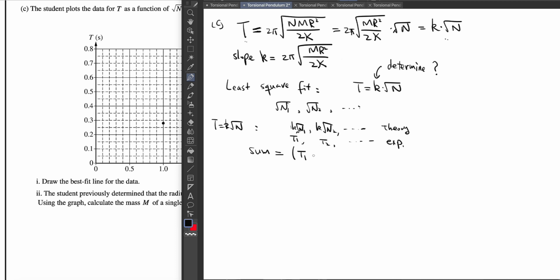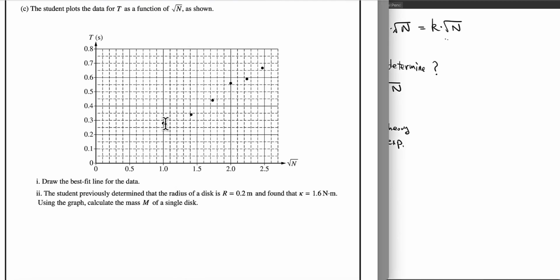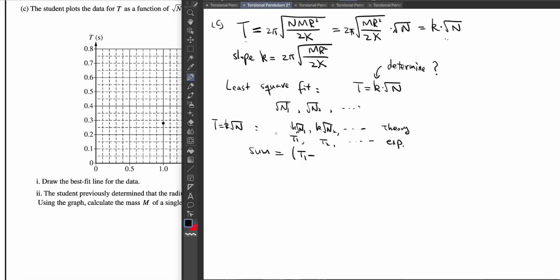Okay, so you're going to do T1, the data you got here, let's say this number here, 0.2 something, minus k times square root n1. k is the quantity to be calculated later. So minus k square root n1, and I want to square that.